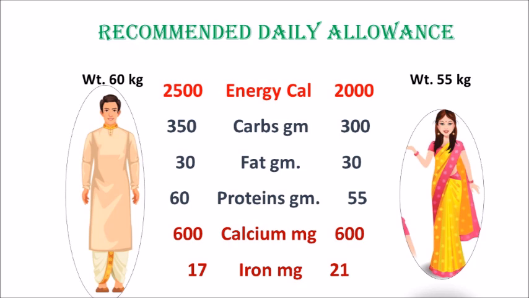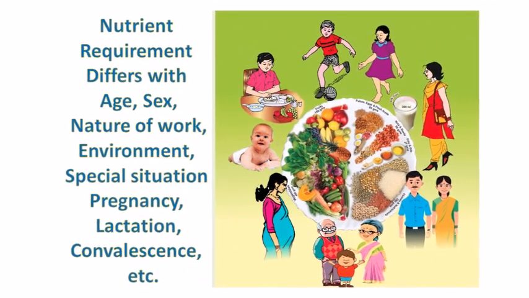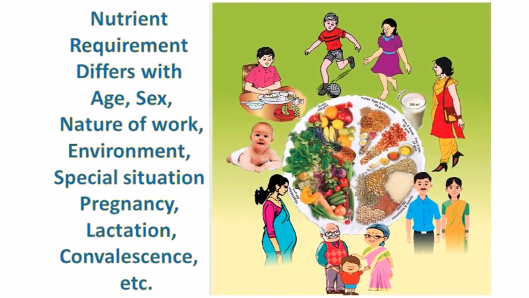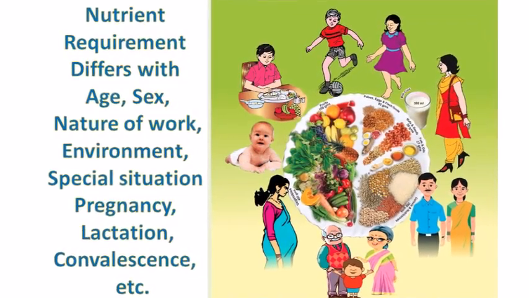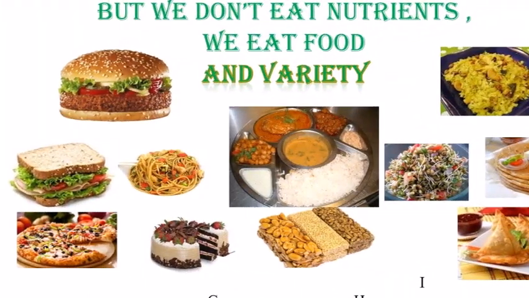Protein requirement is 1 gram per kg of body weight, and that is why, because of the difference in weight, the protein requirement is different. Calcium is same, but iron requirement of women is more because of their physiological needs. Apart from this, the nutrient requirement differs with age, sex, nature of work, environment, and of course special situations like convalescence, pregnancy, lactation, etc.